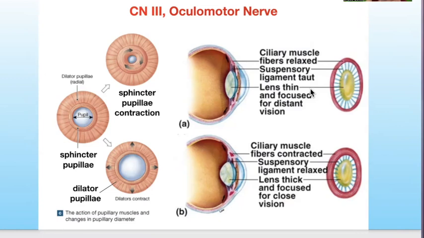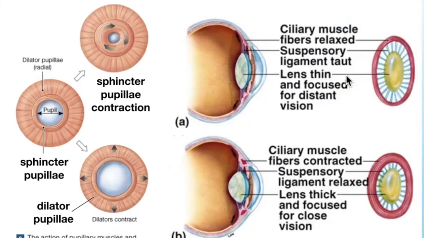When we're using our far vision, the lens is flat, the fibers attached are tight, and the ciliary muscle fibers that surround the lens and the suspensory ligaments are relaxed. If the ciliary muscle fibers contract, the suspensory ligaments relax, and that relaxing allows the lens to go from being thin to being thick, and this helps us to focus for close vision.